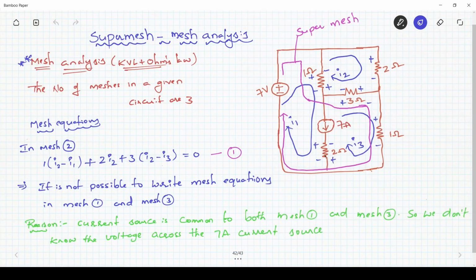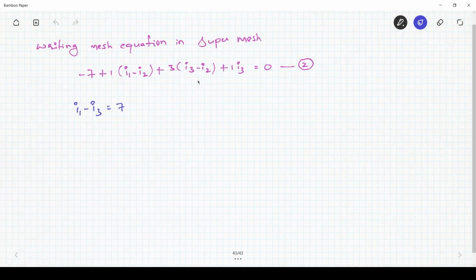Why? Because this 7 amp is the resultant of I1 and I3. I1 is flowing downward, I3 is flowing upward. So I1 minus I3 is equal to 7 amp, which comes in the downward direction. So this is the third equation.